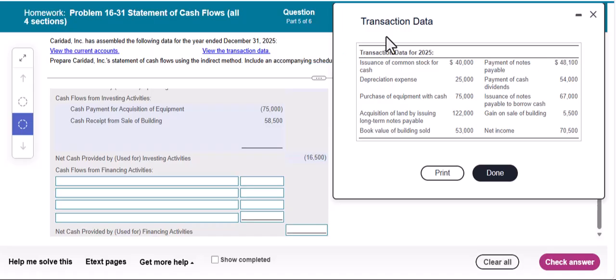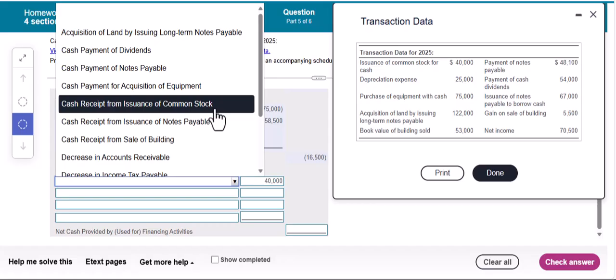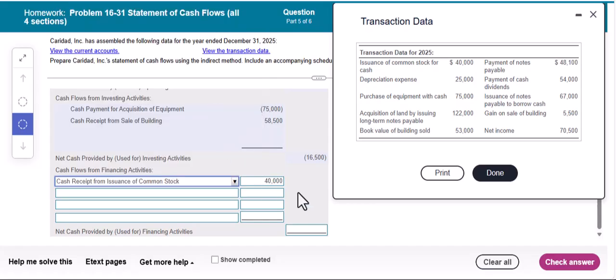So we receive cash because that's what we get when we issue common stock. And since we receive cash, we'll keep it positive. So we're going to double click, copy and paste to input that 40,000 for issuing common stock, cash receipt for issuance of common stock.